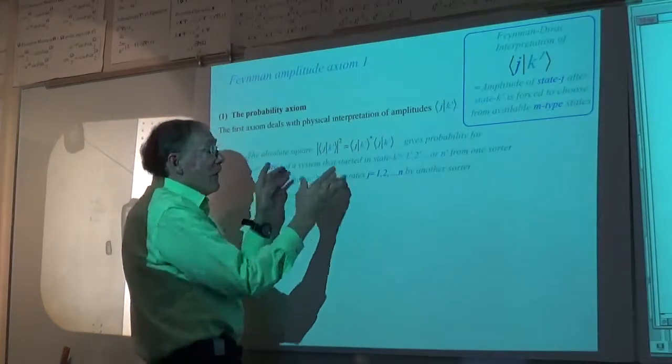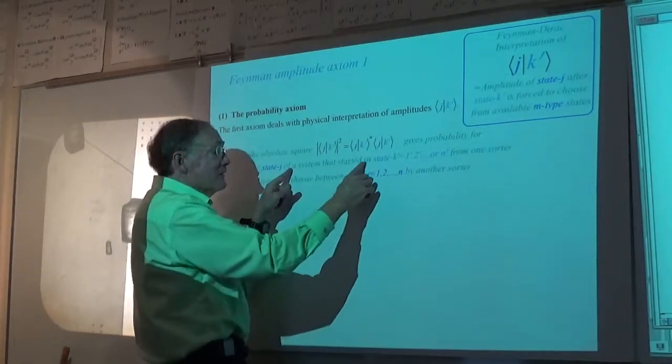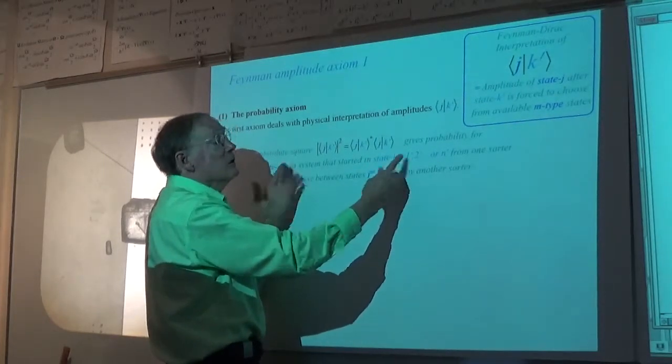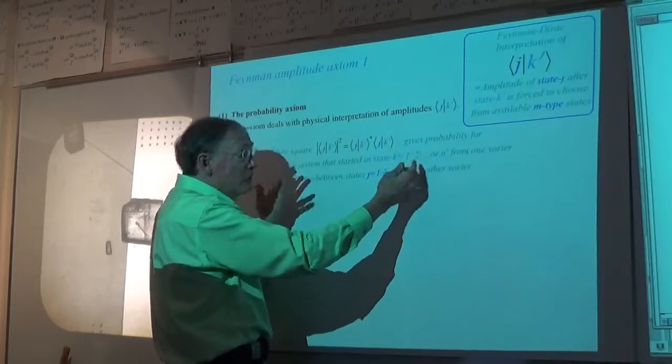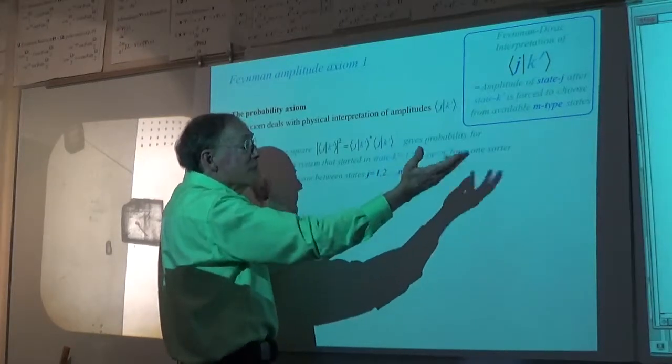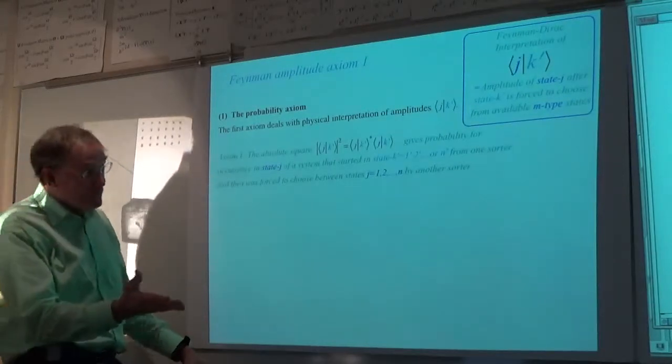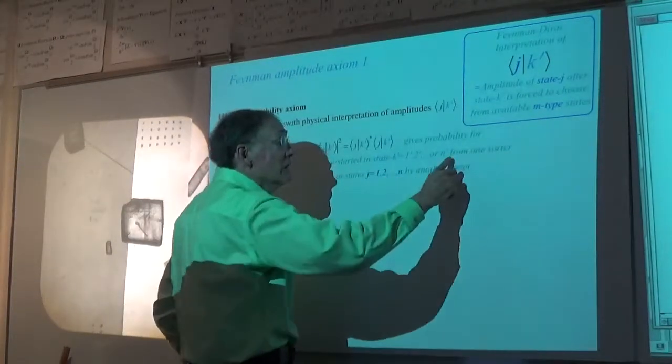This is supposed to work for all quantum systems that started in the state k prime equal to one of these, 1 prime or 2 prime or n prime if it was an n-dimensional quantum system. It might be infinite dimensional, it can go on forever.